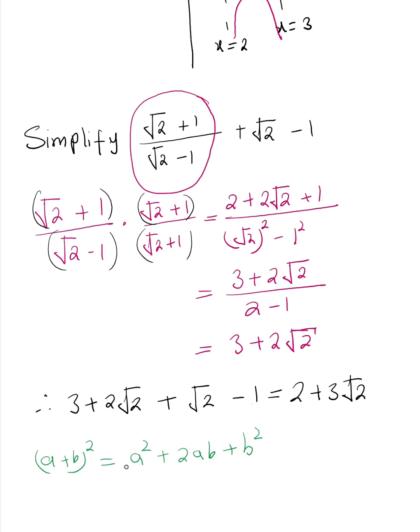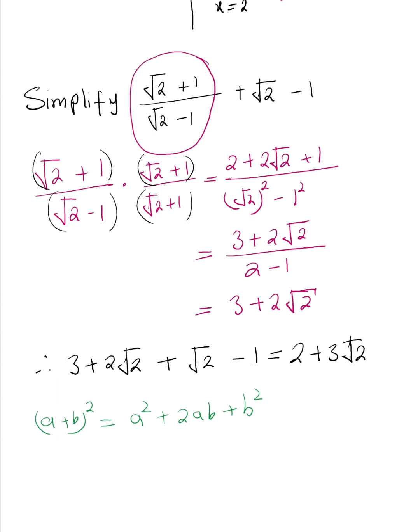So I square the first term, which will just give me 2, then twice ab, then b squared, which is just 1. Then in the denominator, I use the difference of two squares. So that is (a minus b)(a plus b), which is a squared minus b squared.